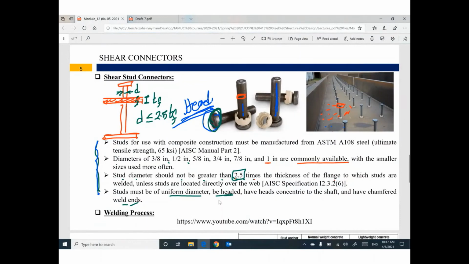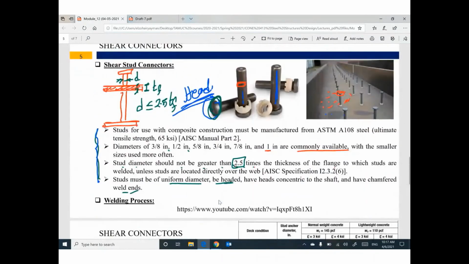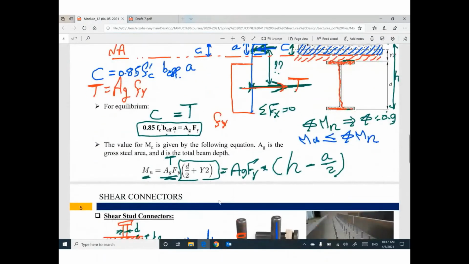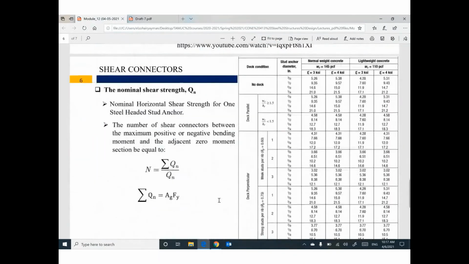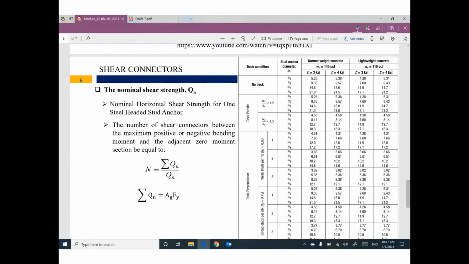So the question is, how can we figure out the required number? How many? So the number required, n equals summation Qn divided by Qn. What is the value of the numerator?